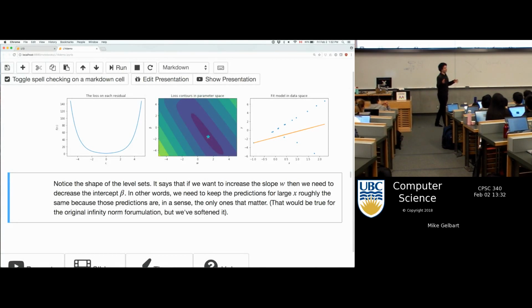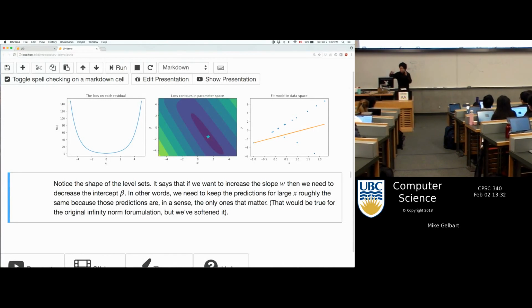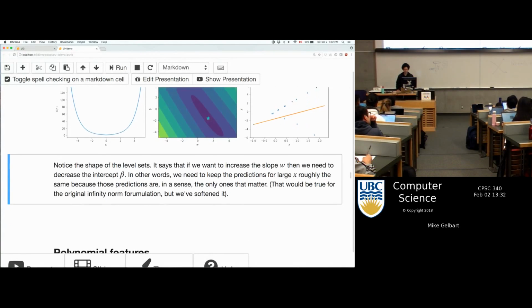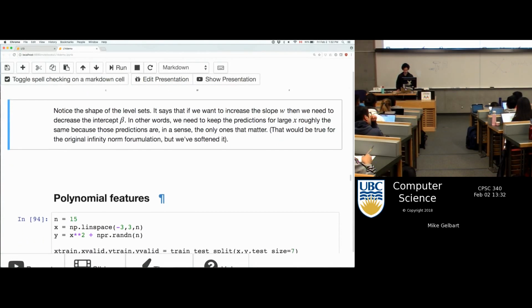I only care about minimizing those big errors, and I completely don't really care what's going on the left, because those are small errors anyway. So we can actually interpret the slant of the loss in terms of the data space, which I think is very nice. Except we don't really have much time.